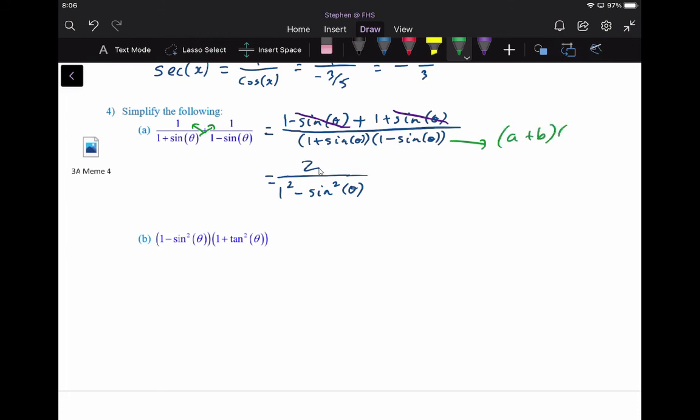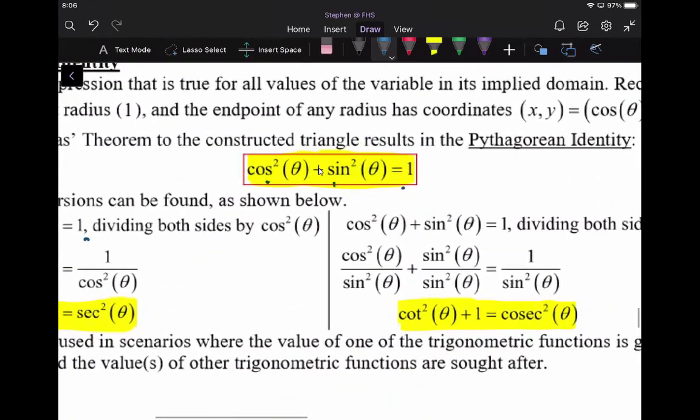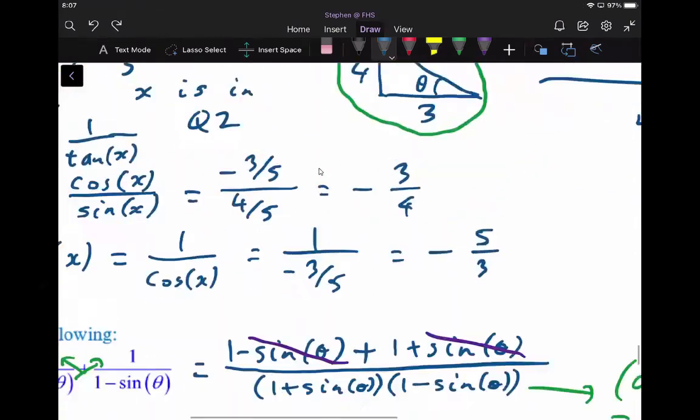If you have a plus b times a minus b, that is just a squared minus b squared. Here our a was 1 and b was sine. So a squared is 1 squared, minus b squared, which is sine squared. And if you look back at the Pythagorean identity, cos squared plus sine squared equals 1, if you take the sine squared over to the other side, you end up with 1 minus sine squared, which happens to be just cos squared.